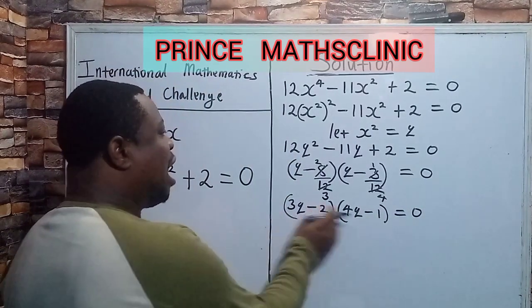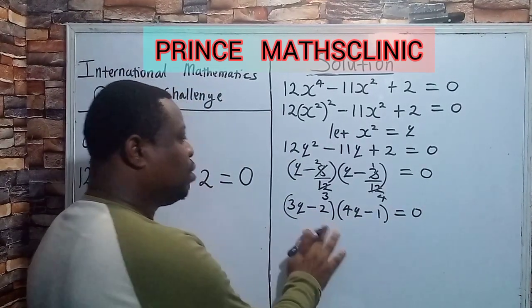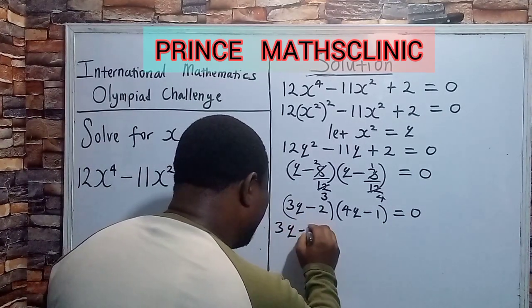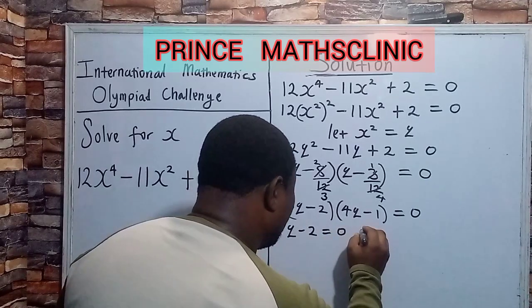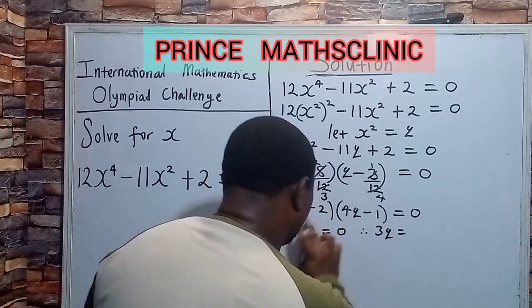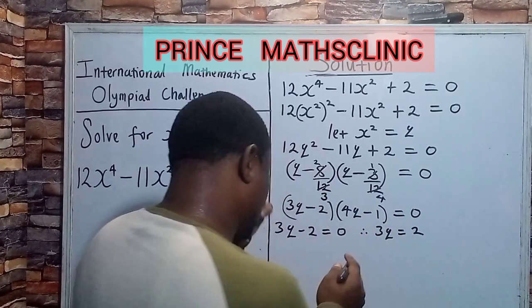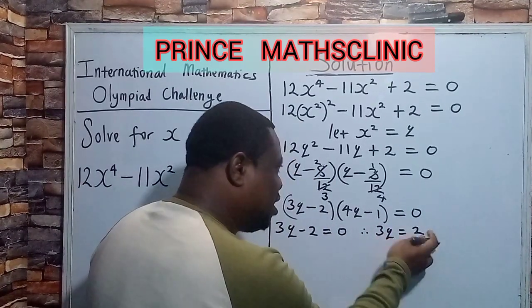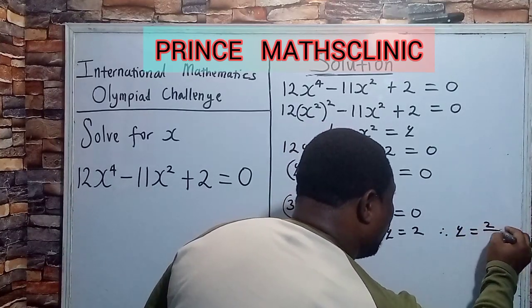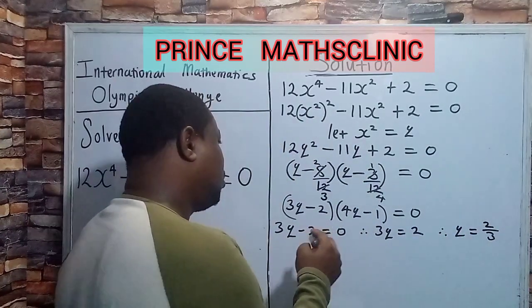So that means that either of these is equal to 0. If you simplify this further, it is either 3q minus 2 is equal to 0, which means that my 3q, if 2 comes here, it becomes positive 2. And if you divide both sides by 3, it then means that my q will become 2 over 3.